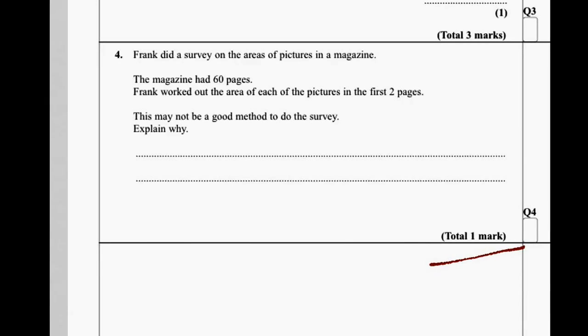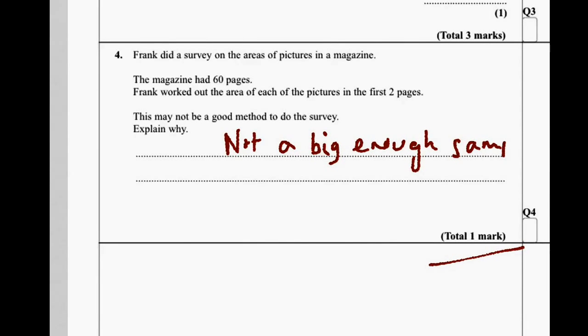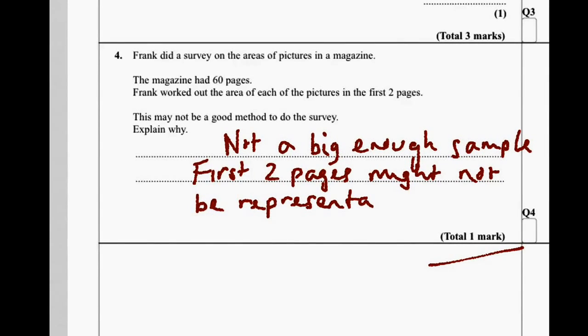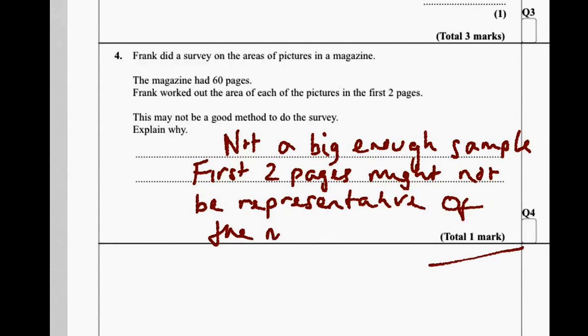It'll be something to do with it's not a big enough sample, or the first 2 pages might not be representative of the magazine. Either one of those answers will be fine.